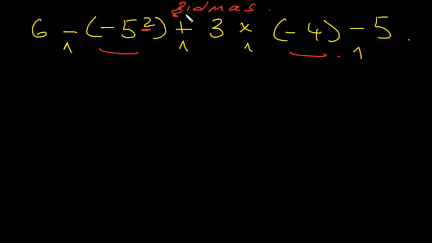And our indice here comes before subtraction. So we're going to evaluate this 5 to the 2 first, which is 25, and then we'll negate it after. So we'll have this minus 25.